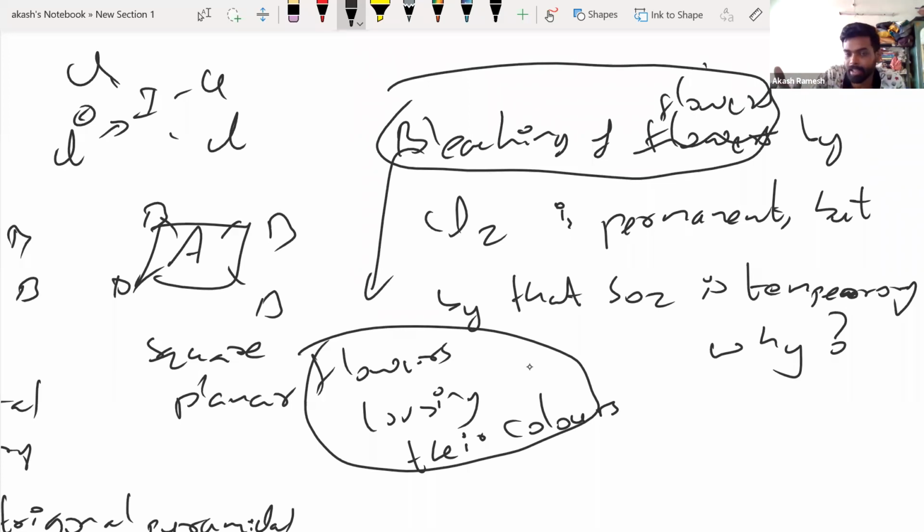Say the flower is there, SO2 bleaches it by reduction, and the flower is still there, then what can happen? Why is it temporary? What do you mean by temporary? That means the flower can regain the color. How can it regain the color? If it is SO2, you tell it is by reduction. By reduction, the flowers will lose color, but after some time, they will regain the color. That is what you mean by temporary.